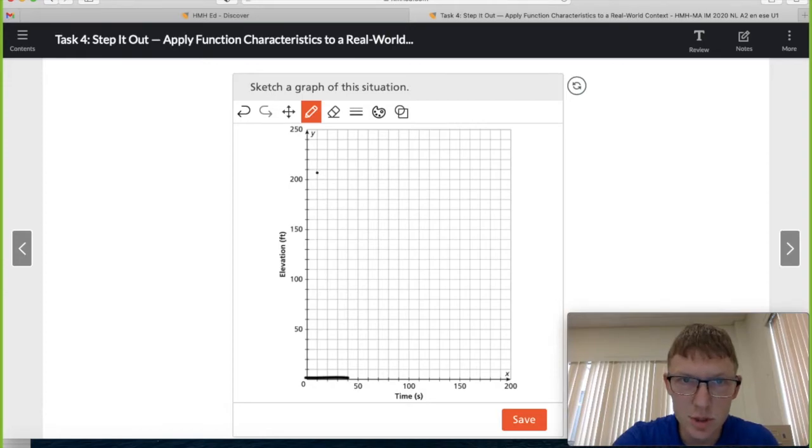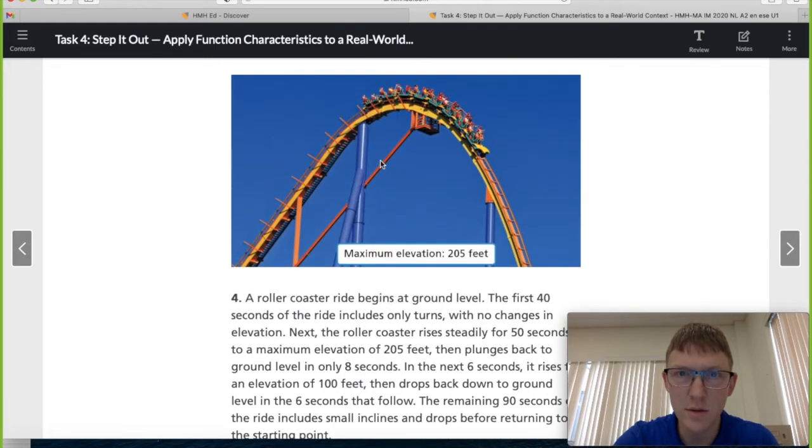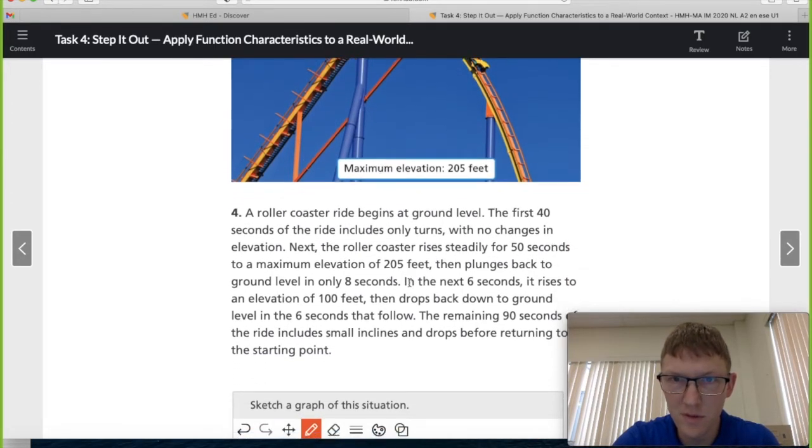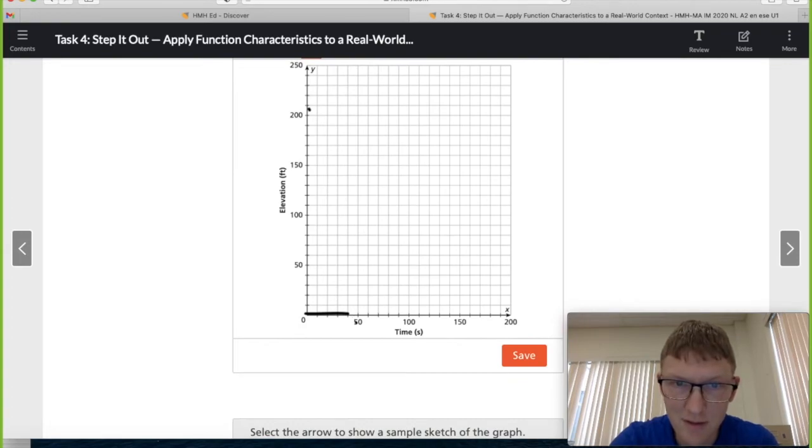So 205 feet would be right there, a little bit lower. And then it rises steadily for 50 seconds. So that's going to come this line.